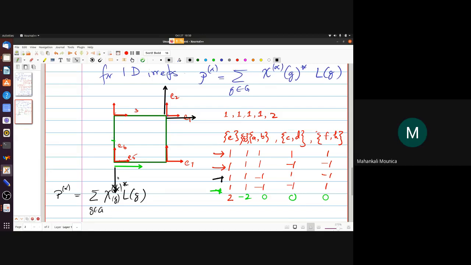So the rotation has minus 2. So shouldn't that second black arrow be in the opposite direction? Wait a minute, which one are you talking about? For the two-dimensional representation, the G has minus 2, right? Yeah, right. I made a mistake here. You're right.